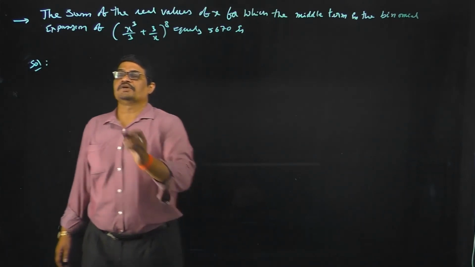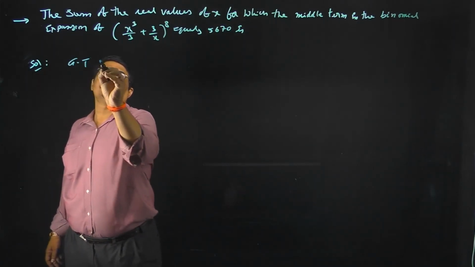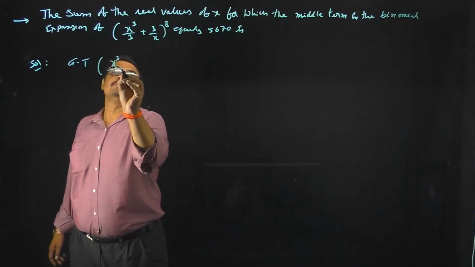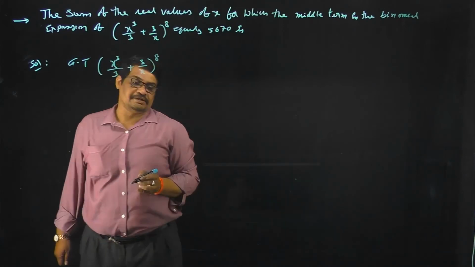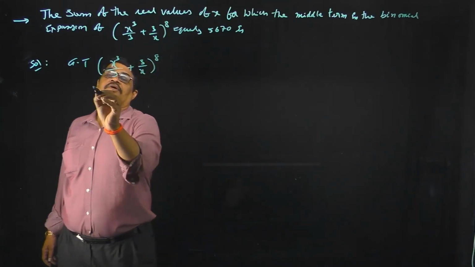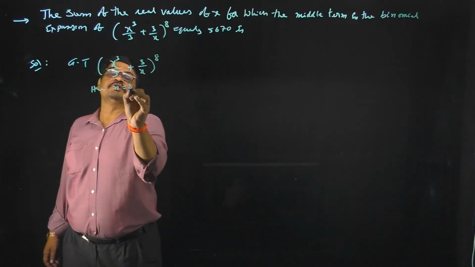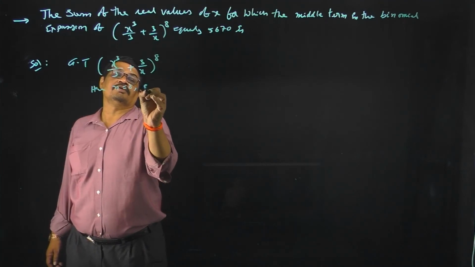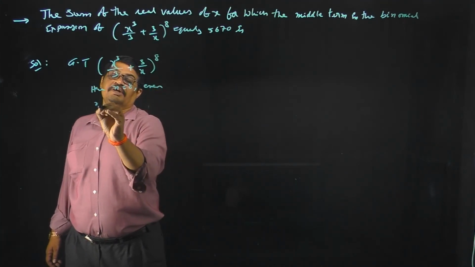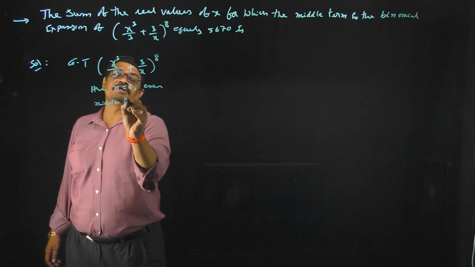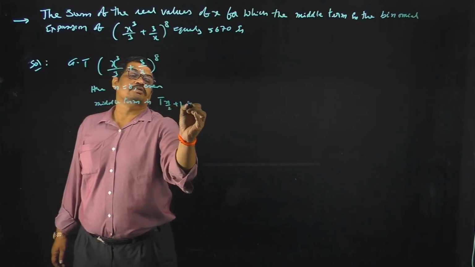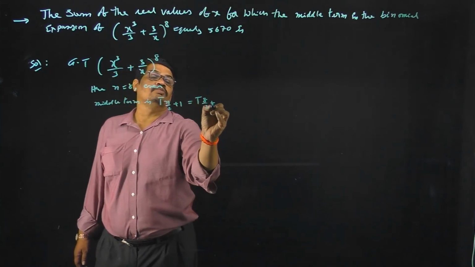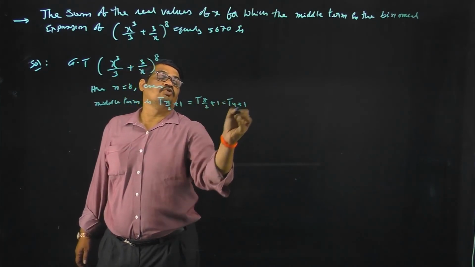Given expression is (x cube by 3 plus 3 by x) whole power 8. Here n is 8, which is even. So what is the middle term? It is t of n by 2 plus 1, that is t of 8 by 2 plus 1, that is t of 4 plus 1.